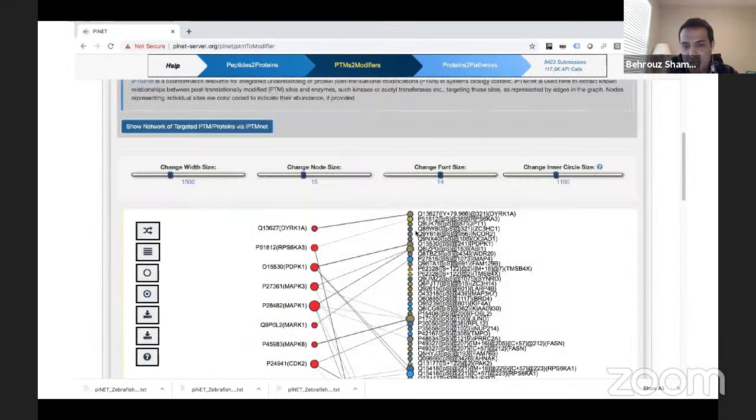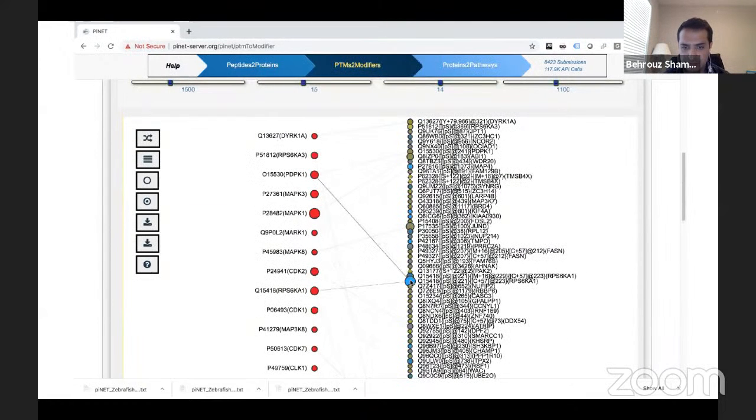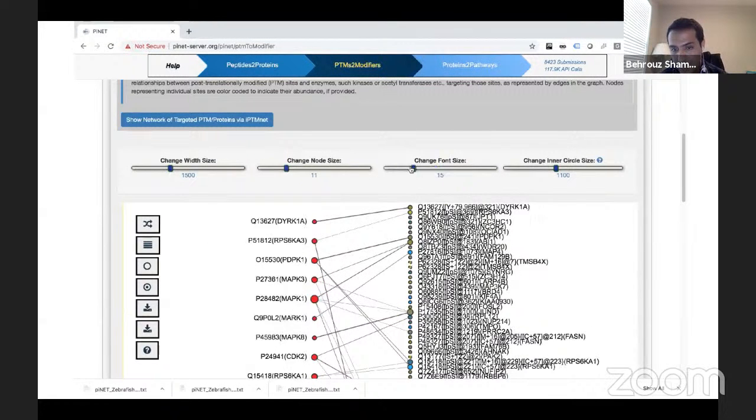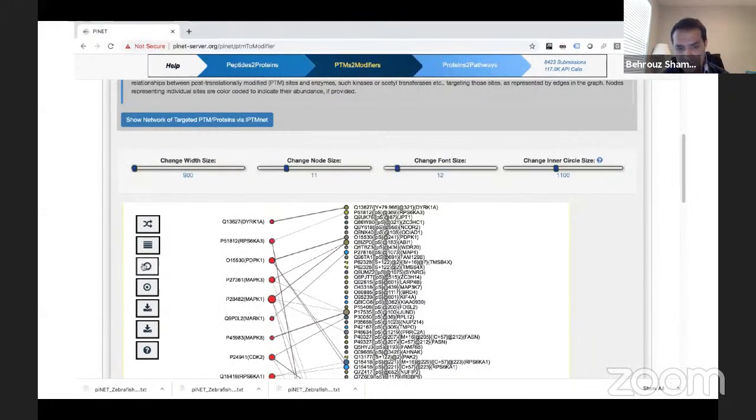Every edge, every color is explained in the question mark. For example, here we had low expression of one peptide, and we can see what the enzymes are that are connected specifically to that protein, phosphorylating that exact site.